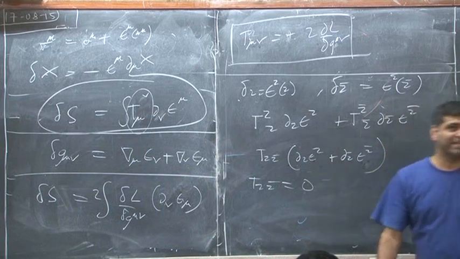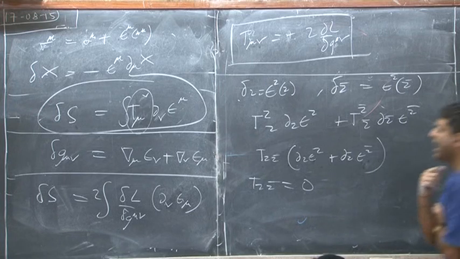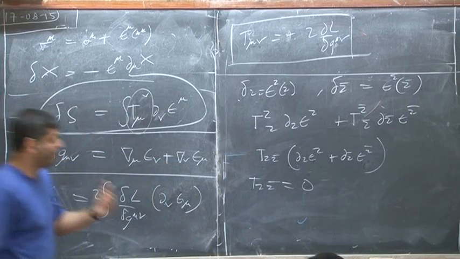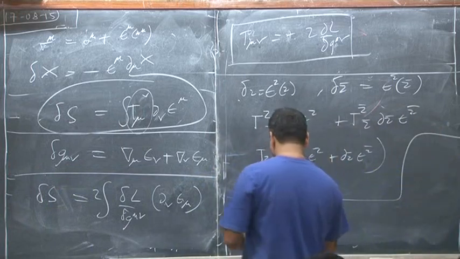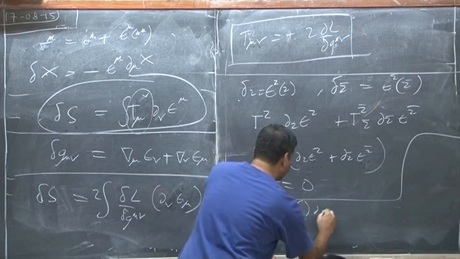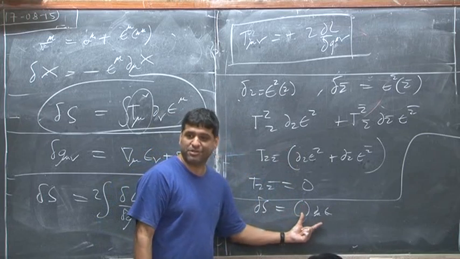Yeah. So you're saying that what if T z z bar is just constant? Let's see. No, but, okay, let me think about that. Our definition of a symmetry was that the change in the action was equal to something times del mu of epsilon, and we just want this change in the action to vanish.